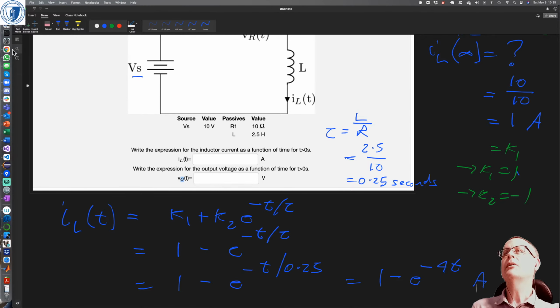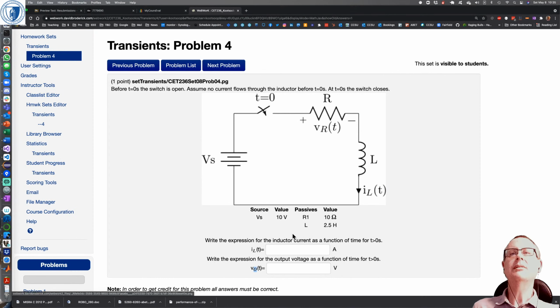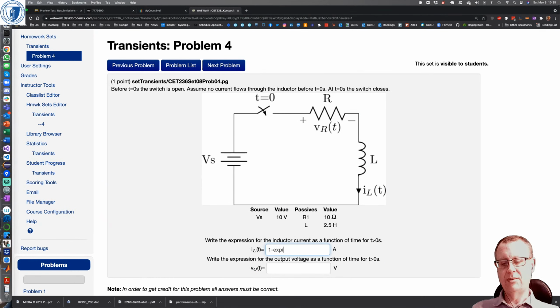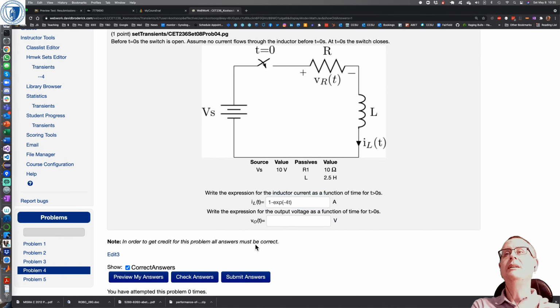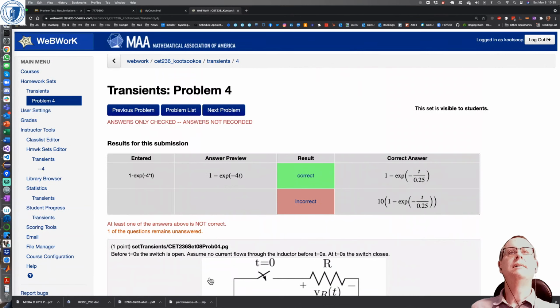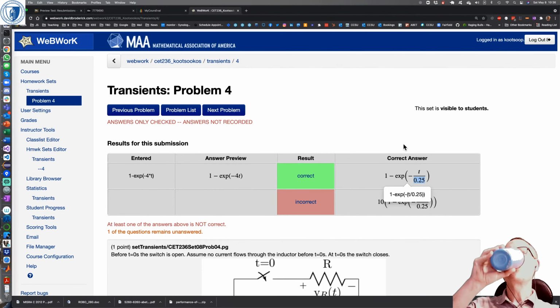Okay, let's see if that works, just in case it doesn't. So 1 minus exponential minus 4t. And let's just check the correct answers in case I'm wrong. Yeah, it lets me do a 4t.